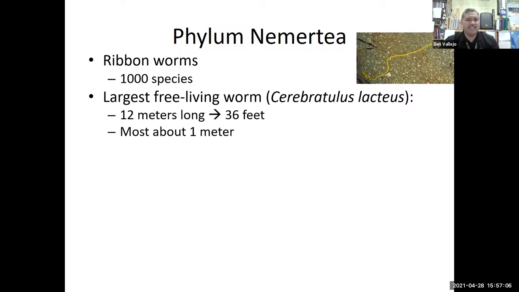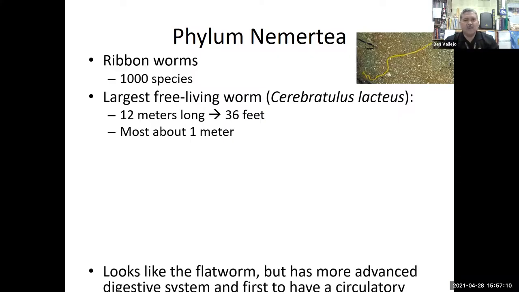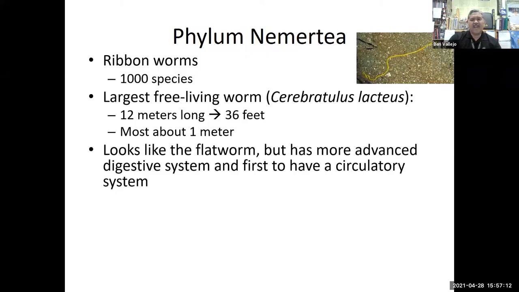Can you imagine that? That is an incredible length for one organism. It looks like a flatworm, but has a much more advanced digestive system, and is the first to have a circulatory system. Okay, so that's the Nematoda, and those are the ribbon worms.